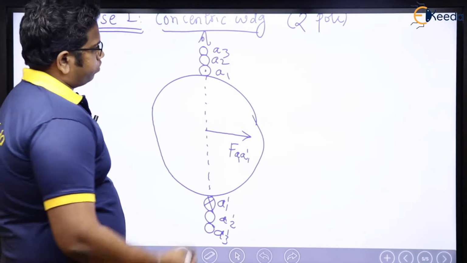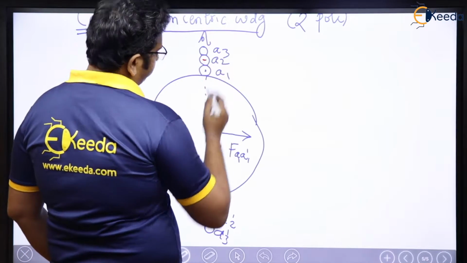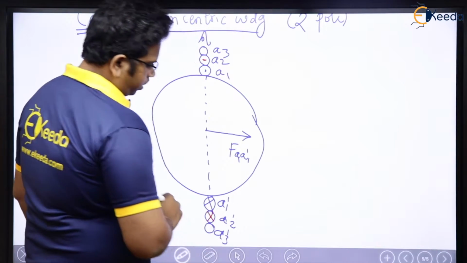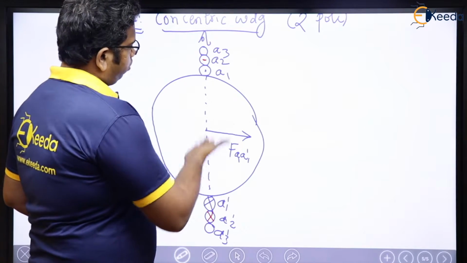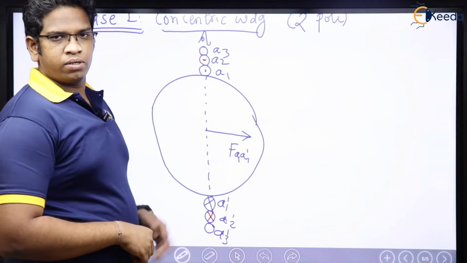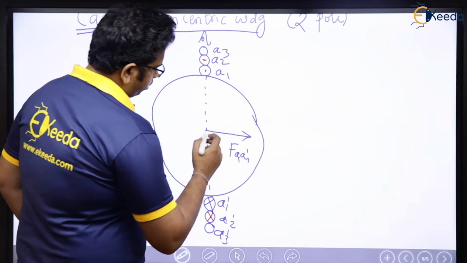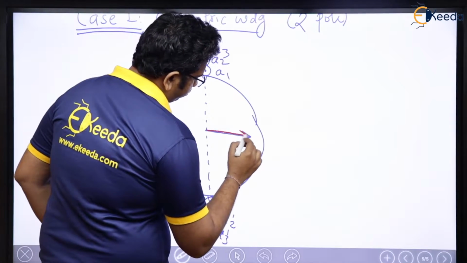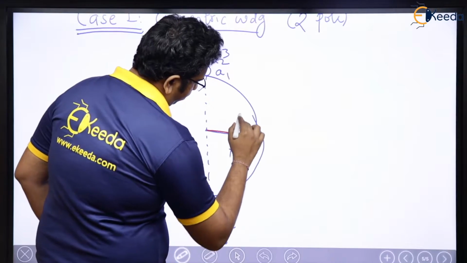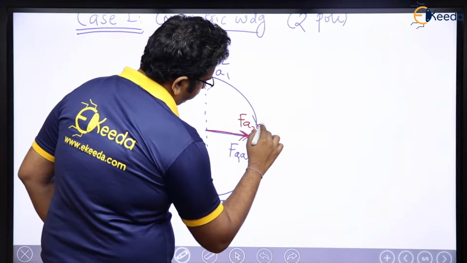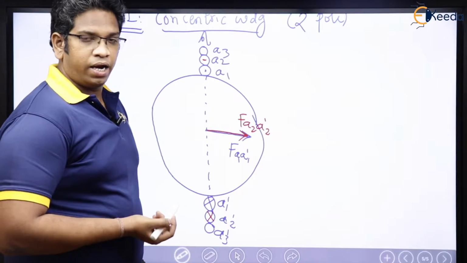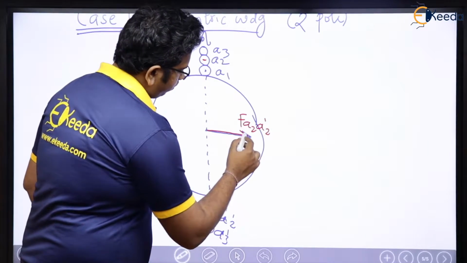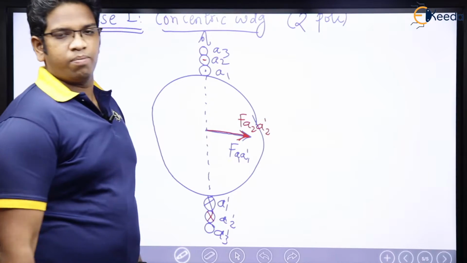Now, let me think of A2 A2 dash. A2 is again going to be dot, and let me have this as cross. So what is going to happen? Again, same direction. So again I am going to have this as F A2 A2 dash, same direction, and the MMF value also has to be equal. Why?